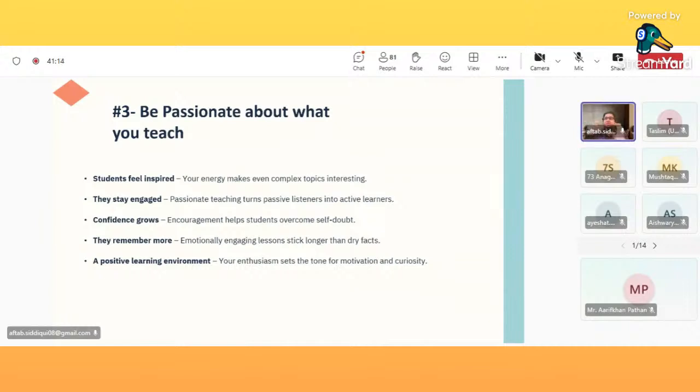So whatever the word is, you can just connect that word with some personality, or with some places, or with some kind of stuff. That will help the student to easily connect that word and always remember.